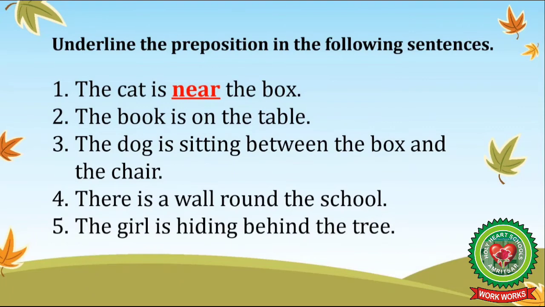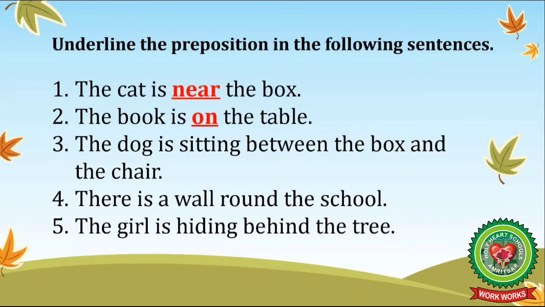Near, as near tells us the position of the cat, therefore it is a preposition. Number 2. The book is on the table. Now let's check the answer. On, as on tells us the position of the book, therefore it is a preposition.